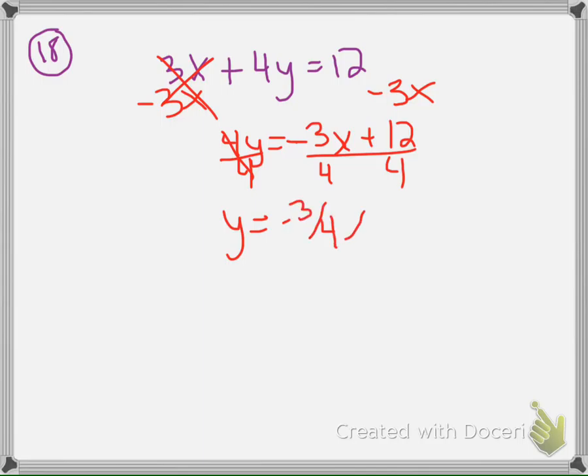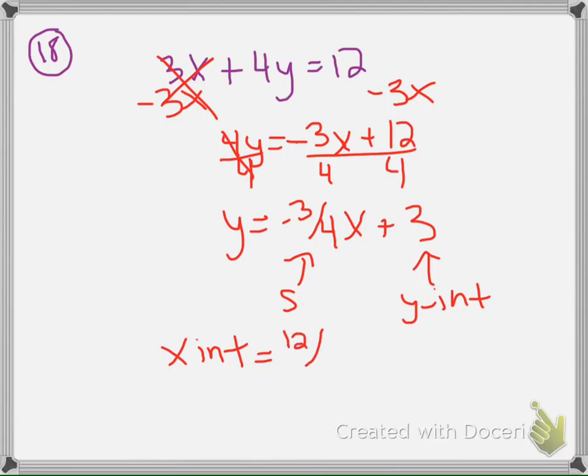I'm going to leave it as a fraction. Plus, and then 12 divided by 4 is 3. Okay, negative 3/4 is my slope. Positive 3 is my y-intercept. And then my x-intercept, which is c divided by a, so 12 divided by 3, which equals 4.